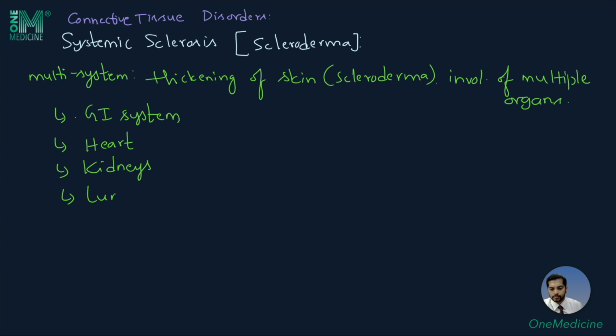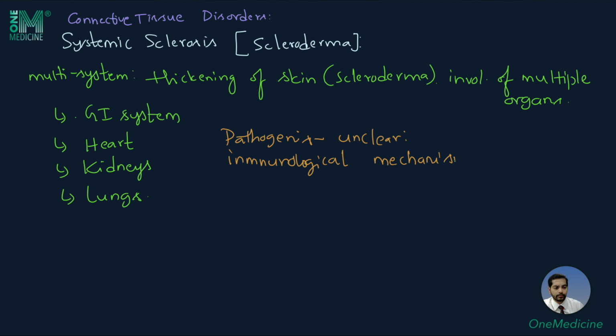and lungs. The pathogenesis is unclear, but certainly involves immunological mechanisms leading to vascular damage and a characteristic feature of activation of fibroblasts.